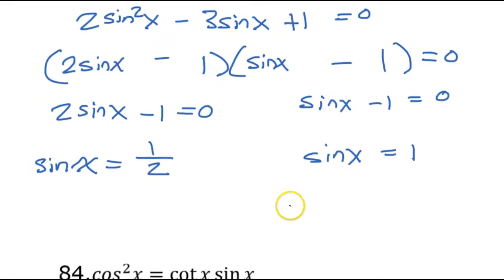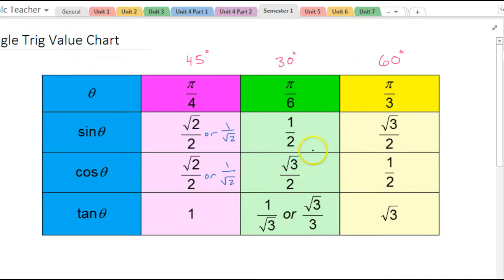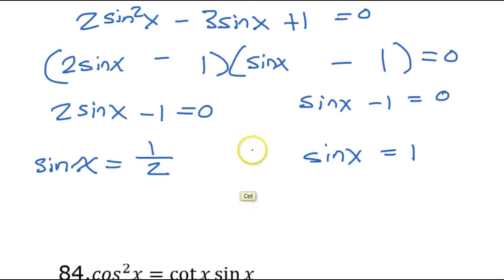Okay, so now I start asking myself about reference angles and such. The sine of what angle is 1/2? Hopefully you've memorized that that is pi over 6. Okay, so that means pi over 6 is the reference angle. Okay, so just think pi over 6.